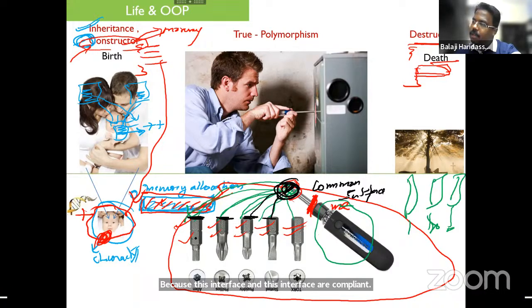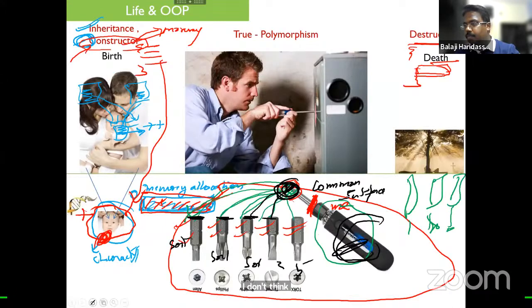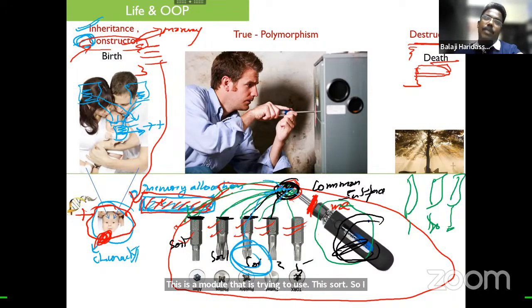So now you can think of it as sort algorithm 1, sort algorithm 2, sort algorithm 3, 4, 5. This is a module that is trying to use a sort algorithm. So I can disconnect one sort algorithm and connect any sort algorithm I want, dynamically as well as programmatically.